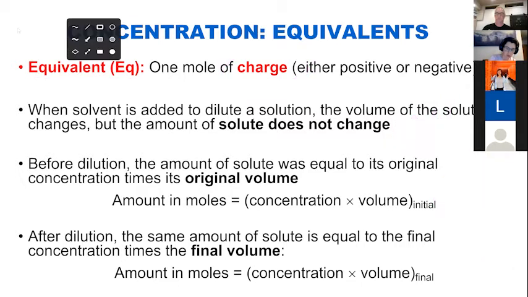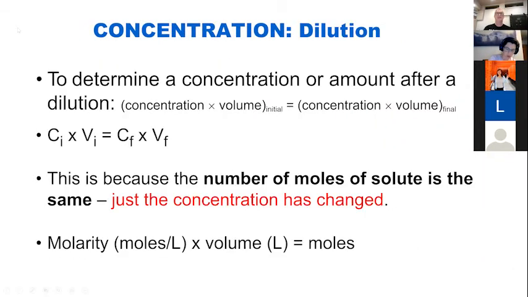So the other thing I sort of want to introduce is dilution, because this is something that if you've worked in a lab, you've done this a lot, because there's certain solutions that we use all the time, like sodium chloride solutions, potassium chloride solutions, phosphate solutions, whatever they are. We use them a lot.